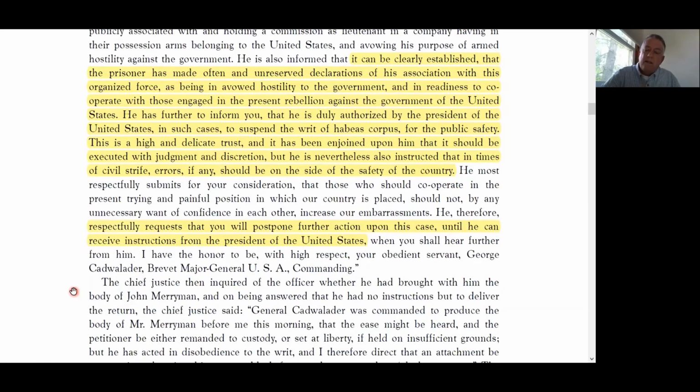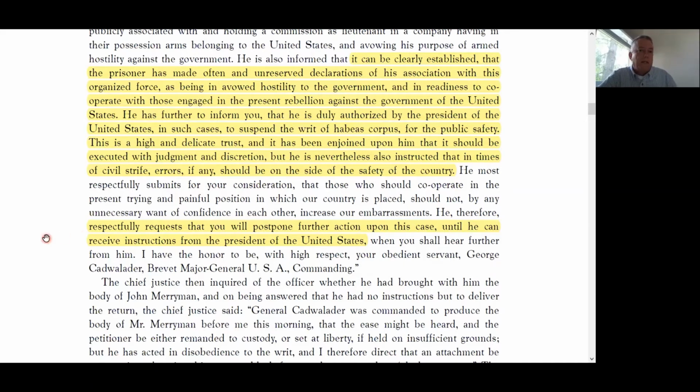So Cadwalader is basically saying, I'm not coming into your courtroom with a prisoner. I have enough information to detain the prisoner on my own, and the President has told me to do this. And Cadwalader respectfully requests that you postpone further action upon this case until he receives further instructions from the President.